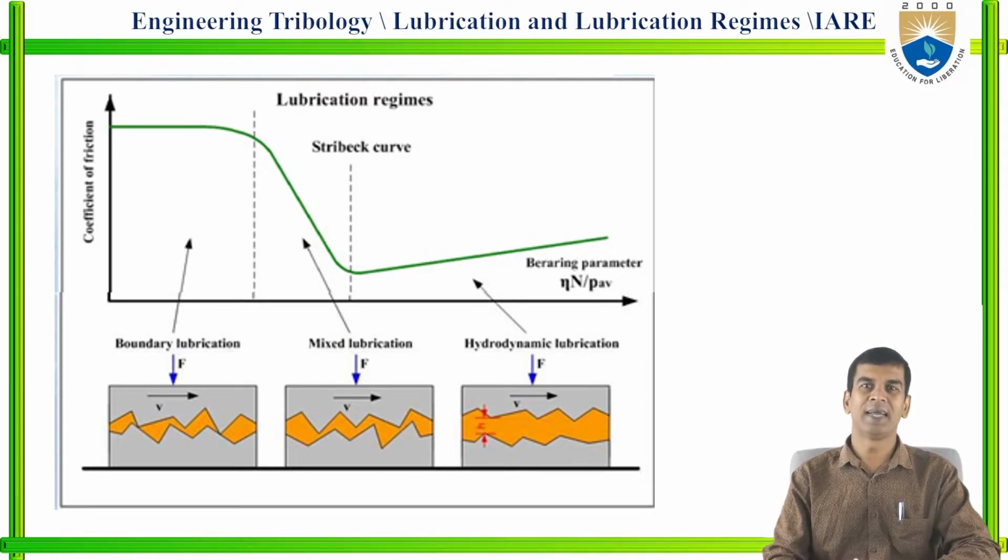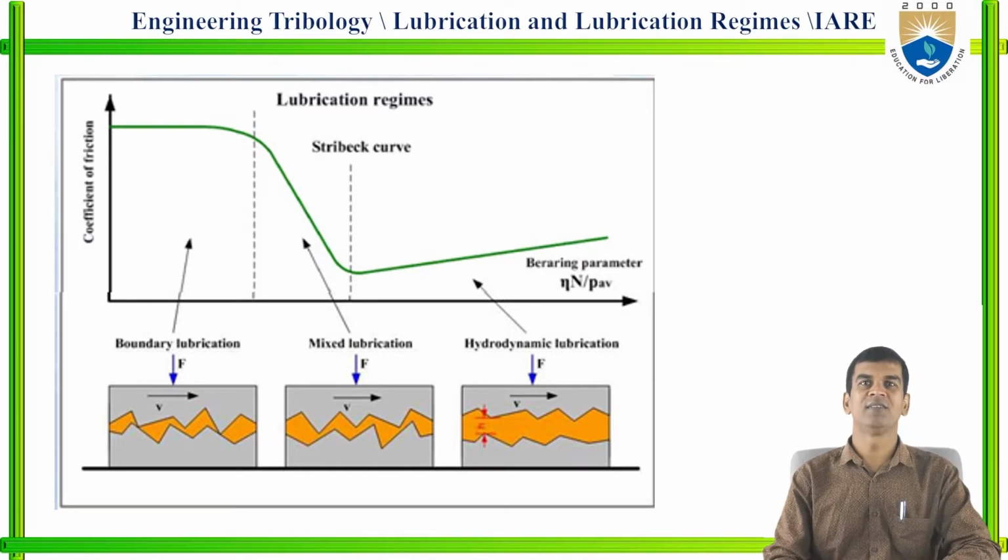Now you can see the diagrammatic representation of the various lubricating regimes. Here the graph is plotted between the coefficient of friction on the y-axis and the bearing parameter on the x-axis.